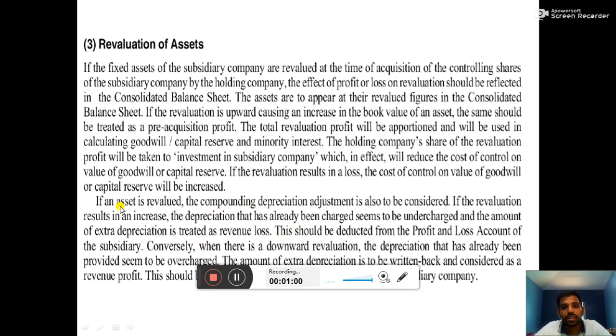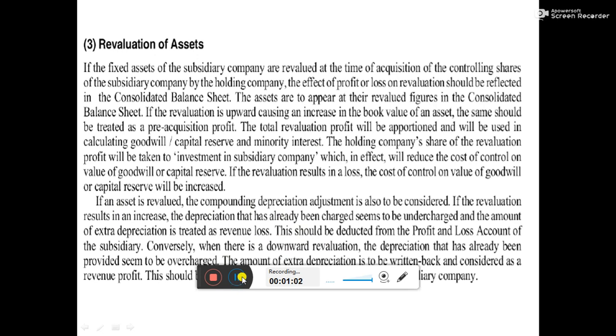Before starting with this problem, we have to understand what exactly is revaluation of asset. Students, you basically know that while preparing the consolidated financial statement, the holding company takes over the subsidiary company.